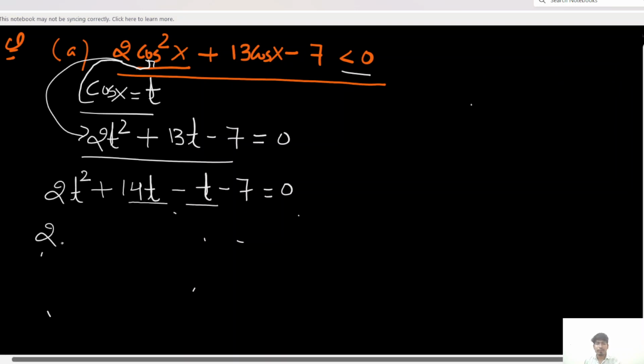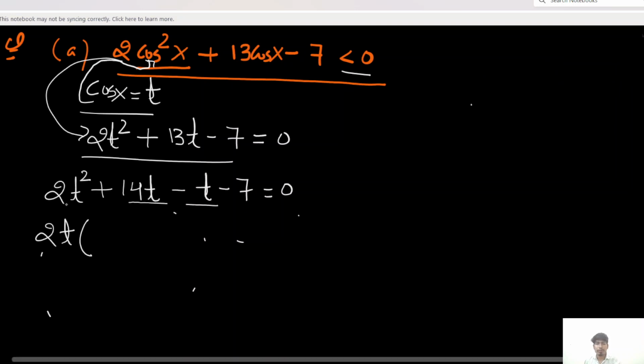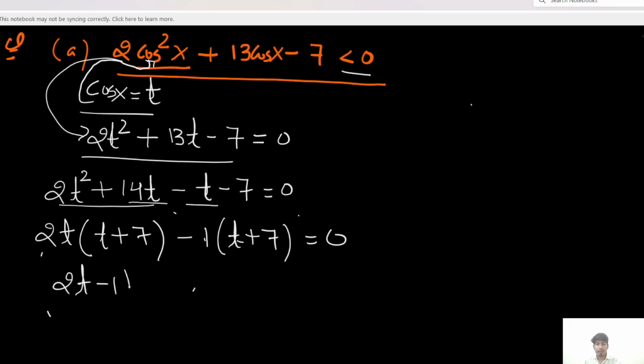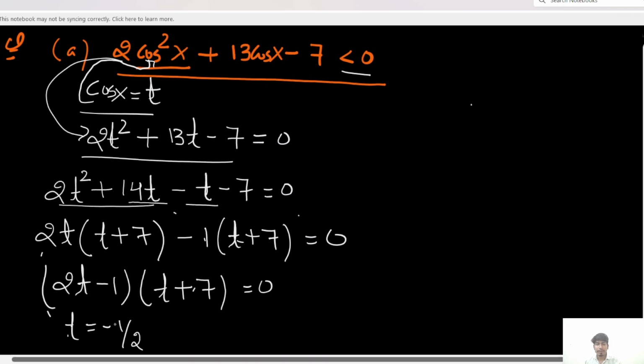Then we take 2t common from these two terms, then this becomes t plus 7. And here minus 1 common, then this becomes t plus 7 equal to 0. Then this becomes 2t minus 1 into t plus 7 equal to 0. Then t is equal to plus half and t is minus 7.